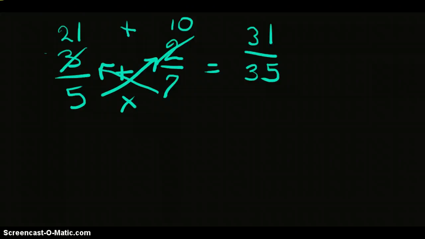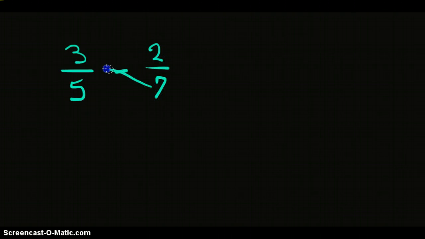Perfect. Let's subtract one more time, and we can even use these same little practice fractions. 3/5 minus 2/7. Same process. Multiply 7 times 3, get 21. Multiply 5 and 2, get 10.